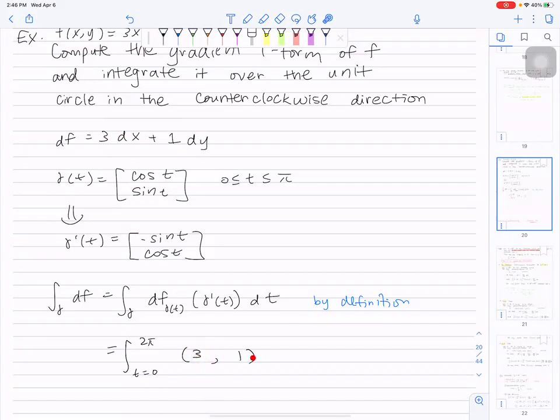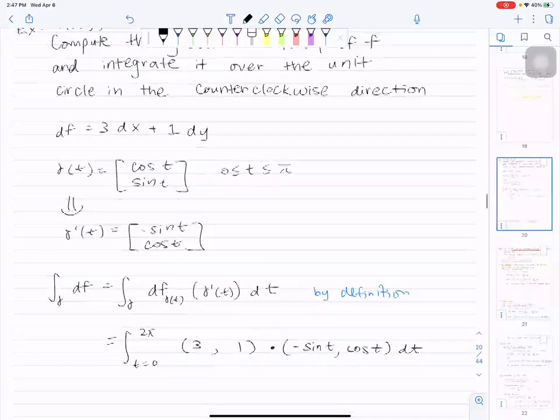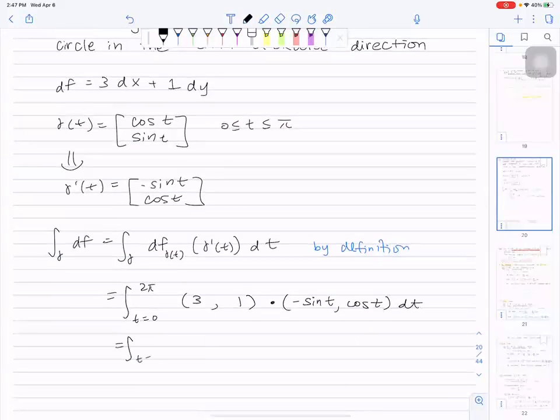They're just constants. Dot with our derivative, which is negative sine t, cosine t. So we have the integral of negative 3 sine t plus cosine t dt.